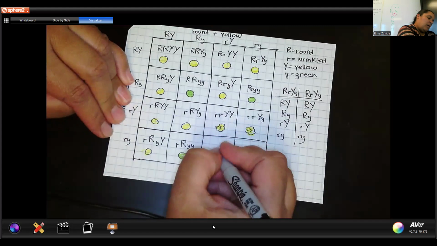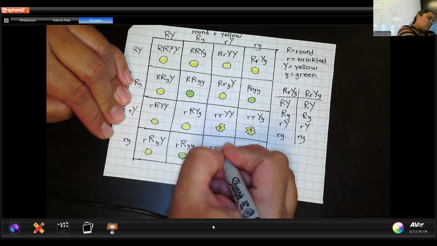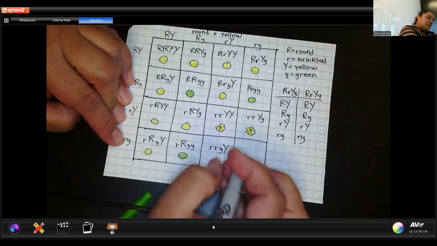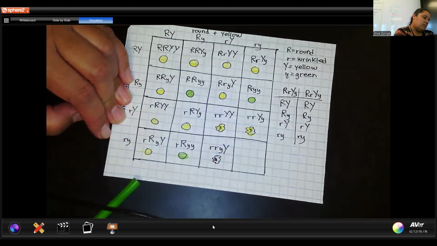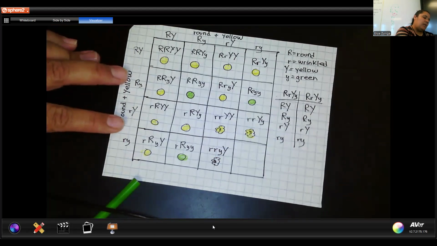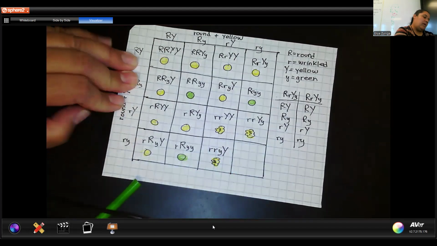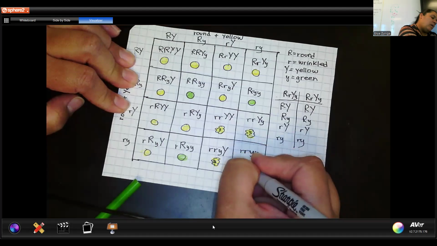And then over here we have little r, little y, big Y. So this is a wrinkly seed. It's a wrinkly seed, but it's yellow. Okay. And then finally, we have little r, and little y.